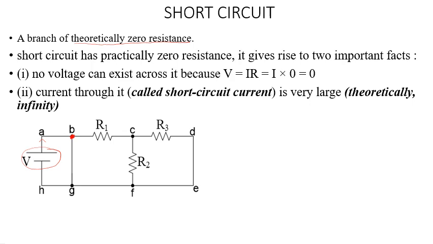But when it gets to this node, instead of splitting, since there's a short circuit, there's no resistance here. We can't say it's exactly zero, but it's very little. Since there's no resistance here, it will just take this path, then this path, all the way back to the voltage source.